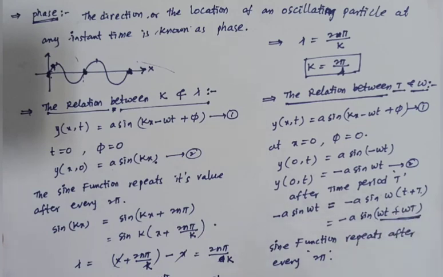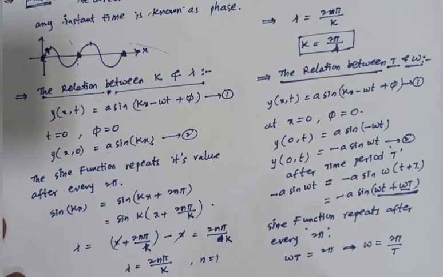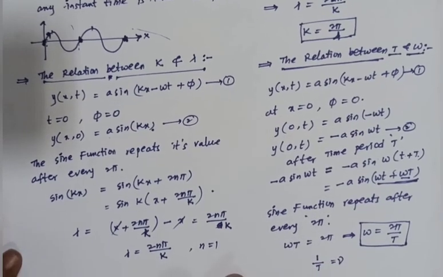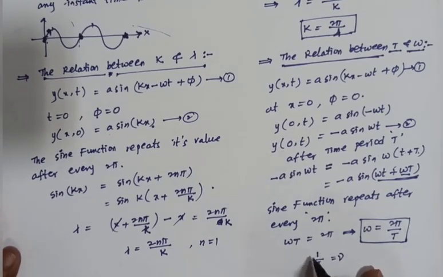The angle is 2 pi, so omega T equals 2 pi, and omega equals 2 pi by capital T. This is the relation between angular frequency and time period. 1 by T, the reciprocal of the time period, is the frequency.